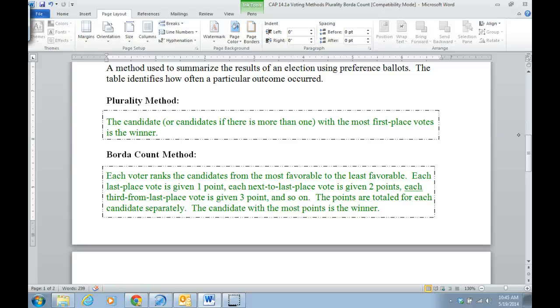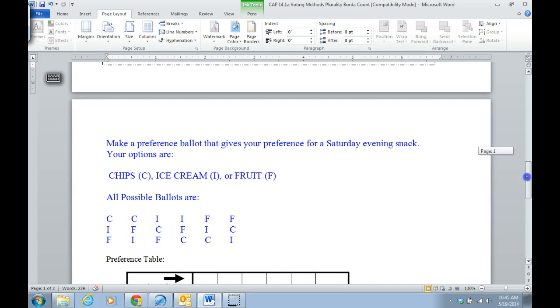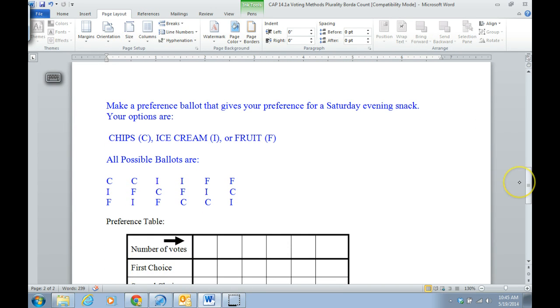So we're going to explore these two methods now, but in real life, okay? So what I want you guys to do is to think about some different possible Saturday evening snacks that you could choose. Like if you would choose chips, ice cream, or fruit, what would be your most favorite down to your least favorite? And I want you guys to write that on the side of your paper, what order you would choose those in. Do that really quick.